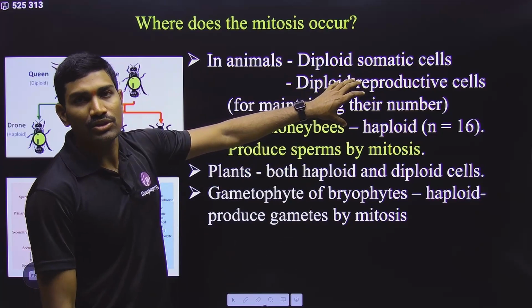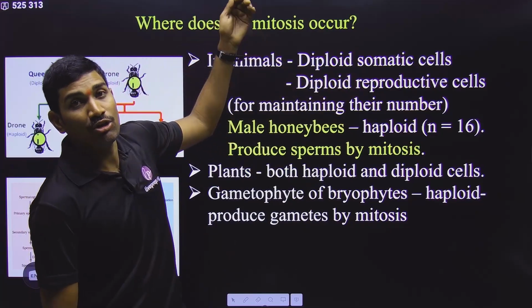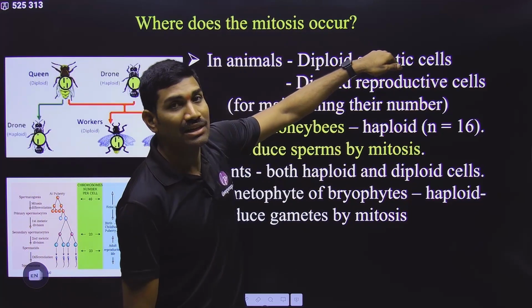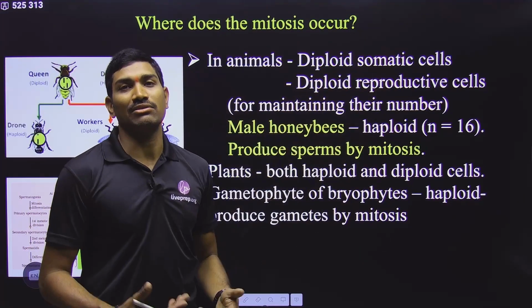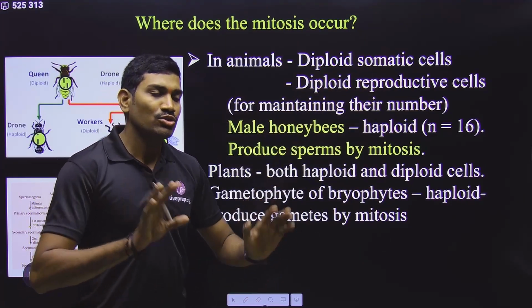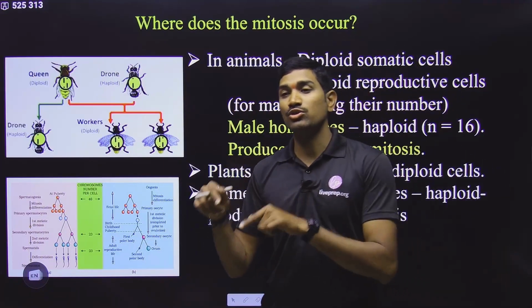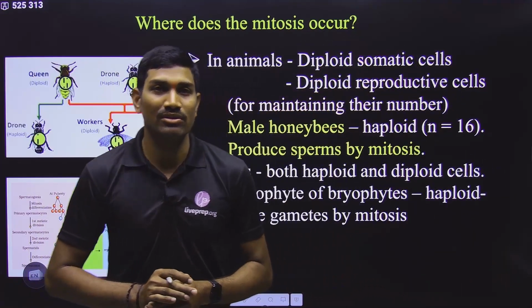Now let us come back to this one. Even though mitosis is called somatic cell division, it occurs in somatic cells and even in reproductive cells. Understood or not? So if it occurs in both types of cells, why is mitosis called somatic cell division? Now you need to think about this.